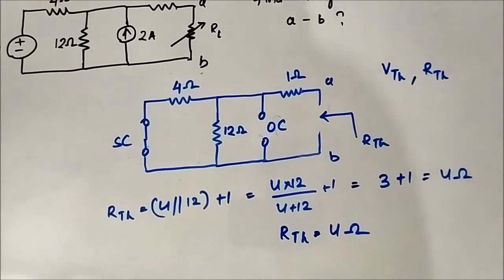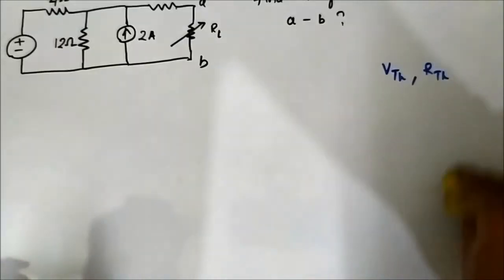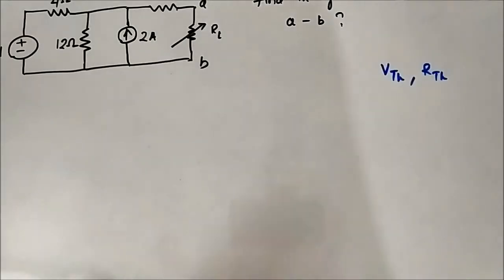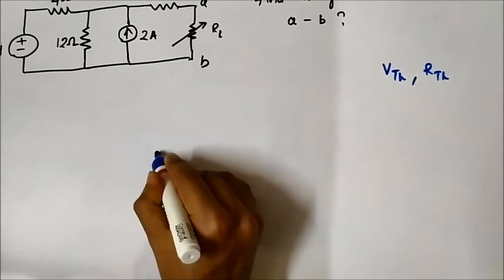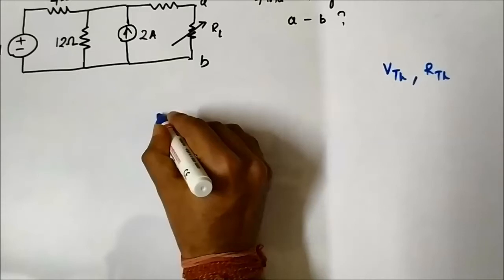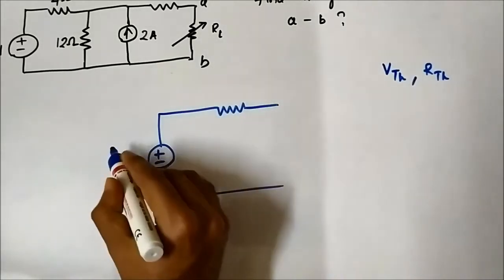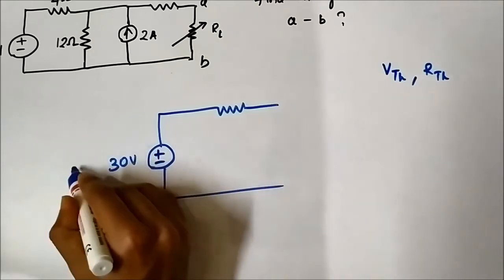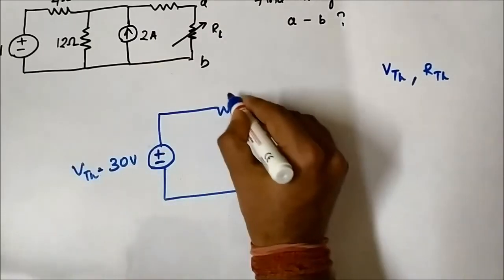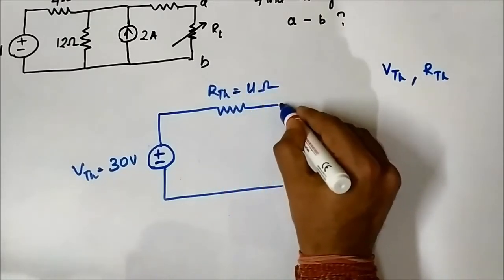Now we will draw the Thevenin equivalent circuit. So the Thevenin equivalent circuit can be drawn as 30 volt VTH, and this is RTH equal to 4 ohm.